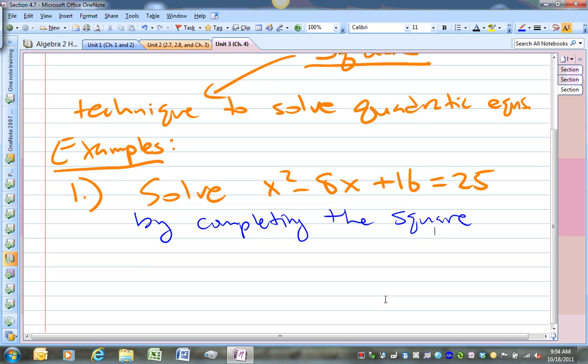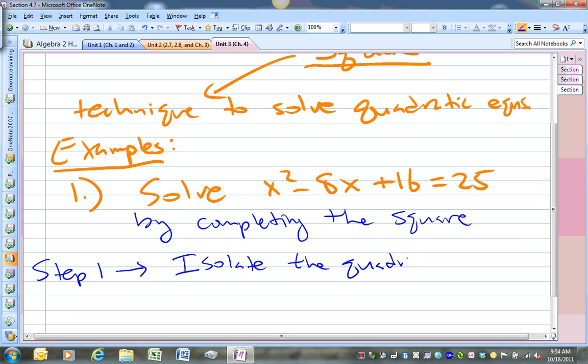So the first step, step 1, is to isolate the quadratic and linear terms from the constant term.